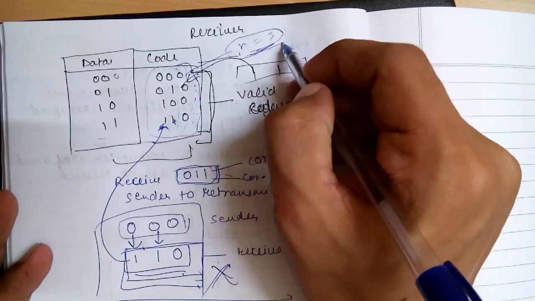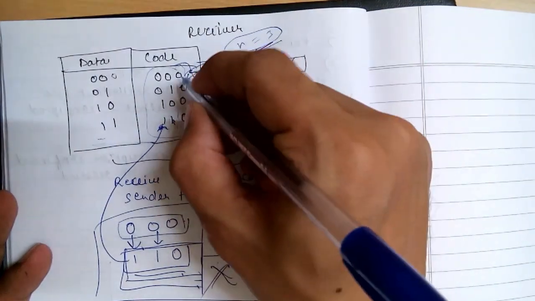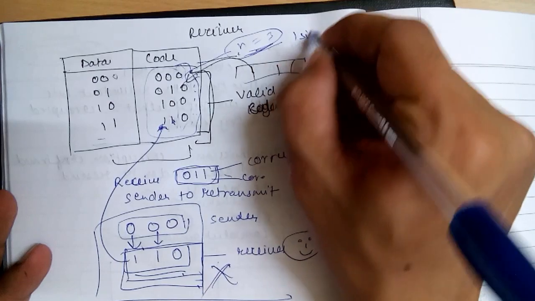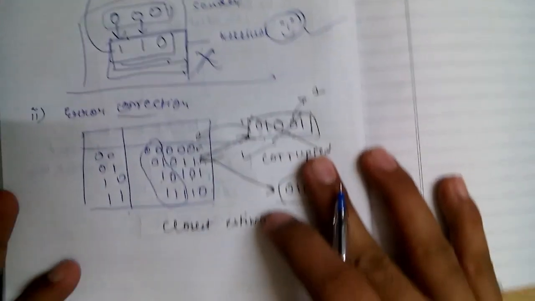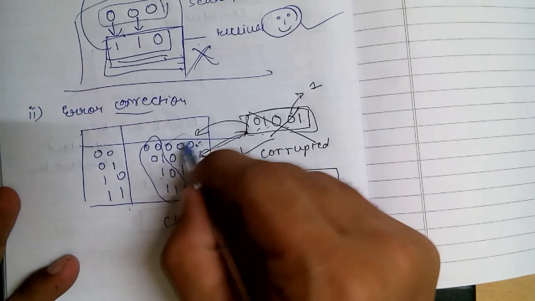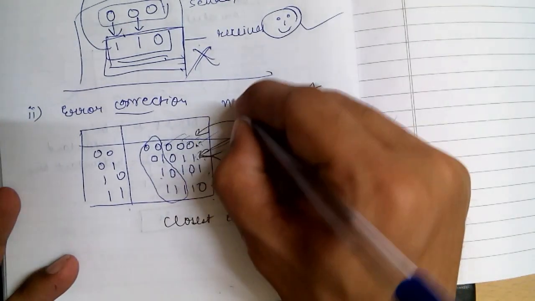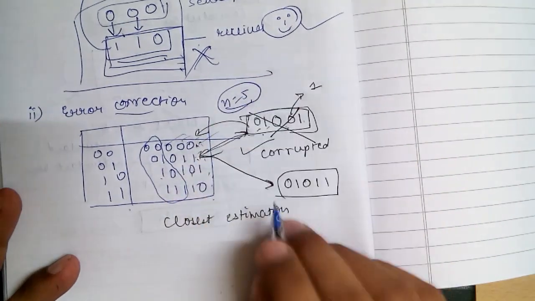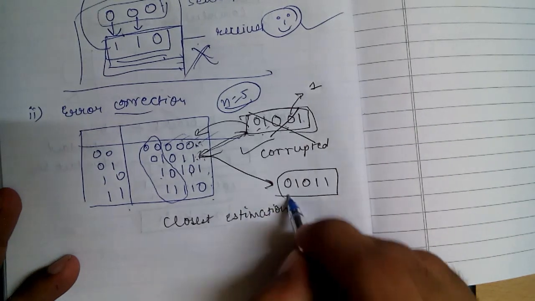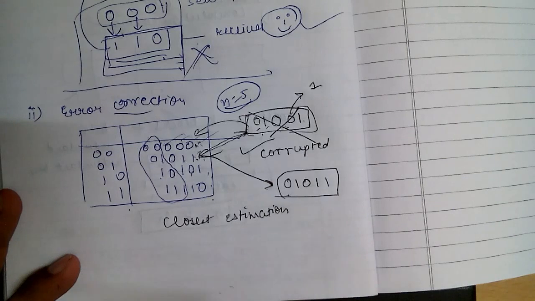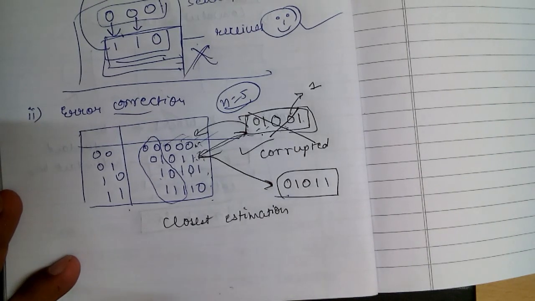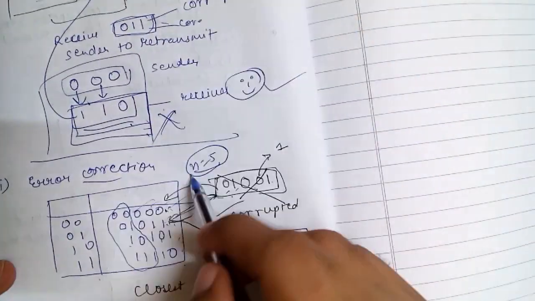With n equal to 3, we were able to detect a single bit error. And when we added 3 extra bits, with n equal to 5, we were able to correct a single bit error.